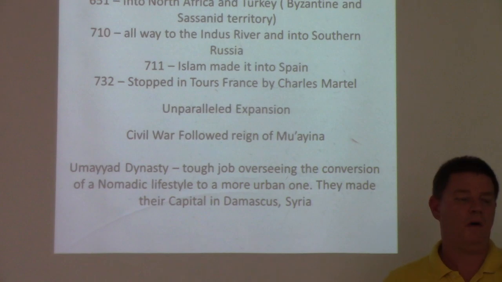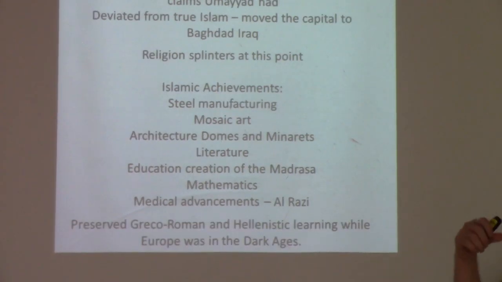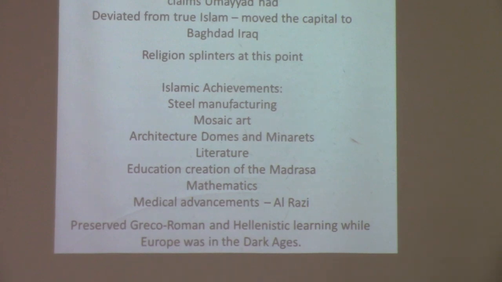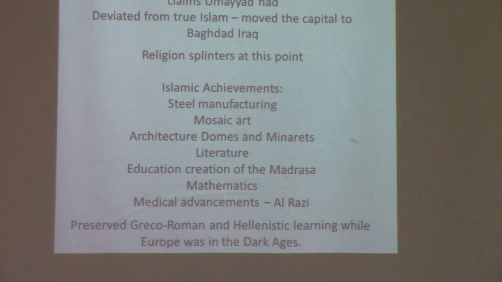After a while, they were accused of being worldly and corrupt by the Abbasid family, a rival family, one of Muhammad's uncles, and they will reign until right around 900. The original capital was Damascus, Syria, and it will eventually move to Baghdad, Iraq.